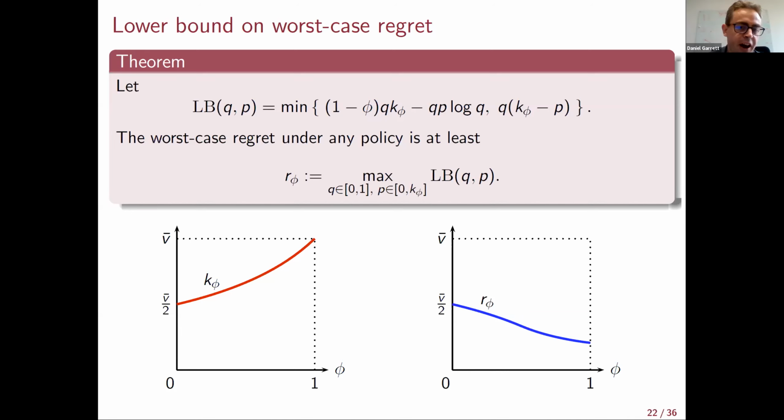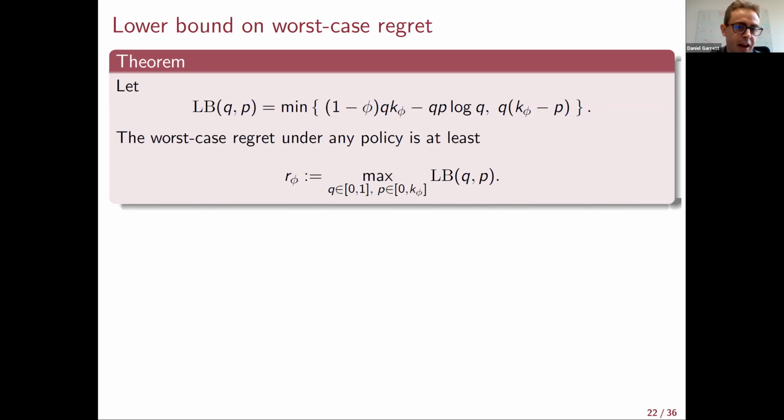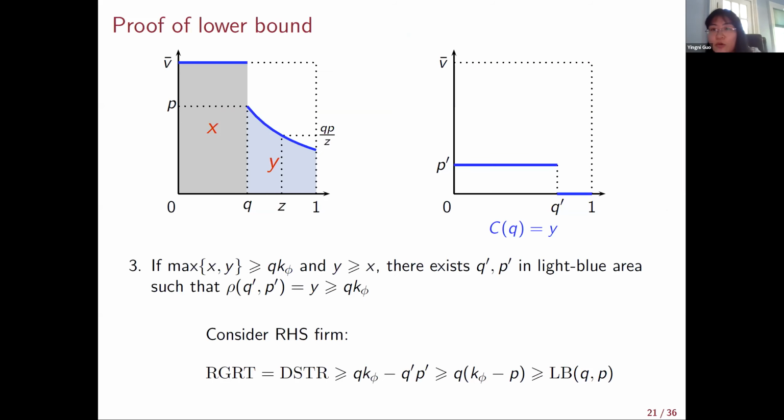I guess phi could be uncertain as well. Actually, I think what you are looking at is a more complicated case in which the regulator itself is an agent, so you don't know his objective. But we are looking at the case where the regulator himself knows exactly. Yes, thank you.